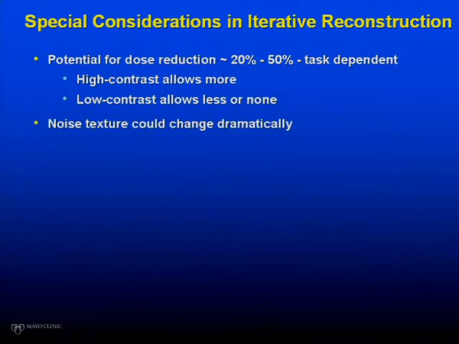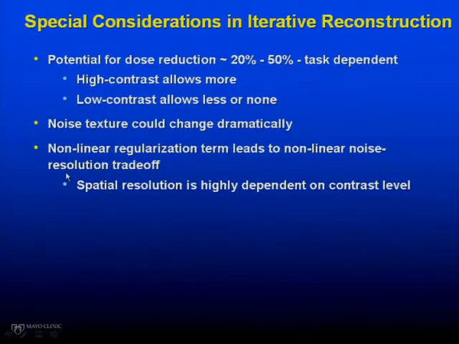And as I said before, the noise texture could change dramatically with iterative reconstruction. Either this could sacrifice diagnostic performance, or the radiologist needs to get used to the change of the noise texture. But the influence of the noise texture change on diagnostic performance is still not that clear.